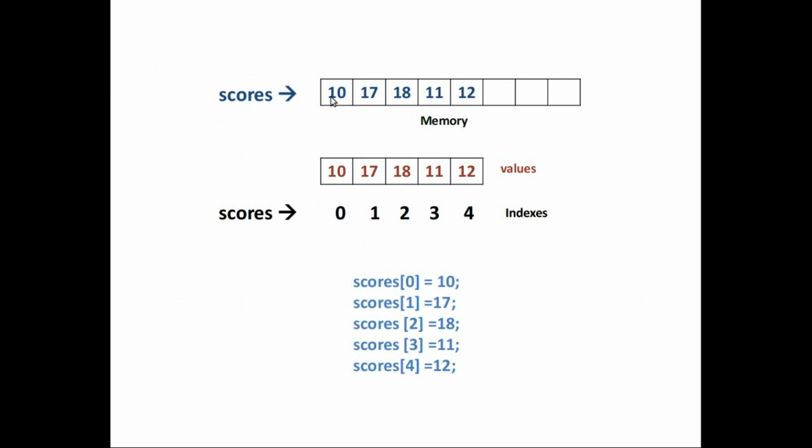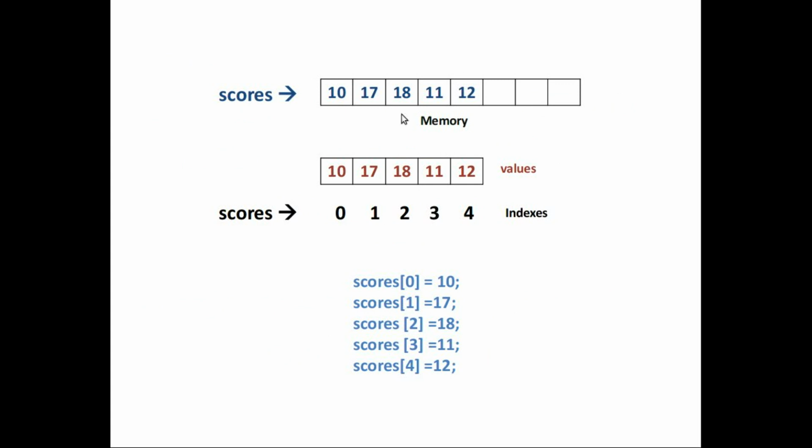For example, I have a memory slot here. Let's say it is an array and it has different compartments of the same size, because arrays must be declared of a particular data type. So it provides compartments for us to keep in our data.